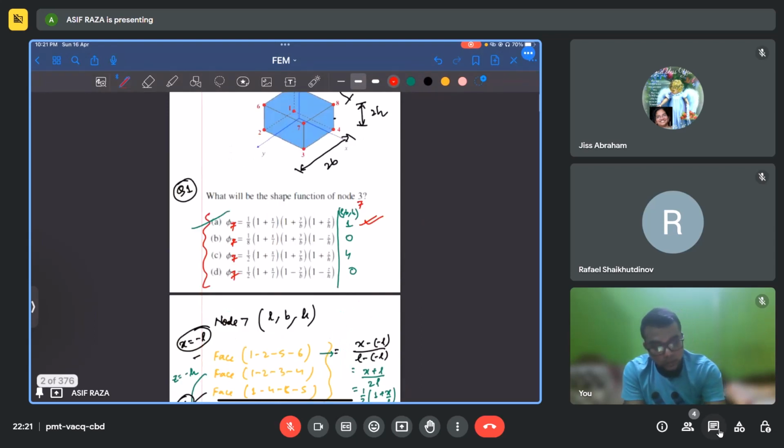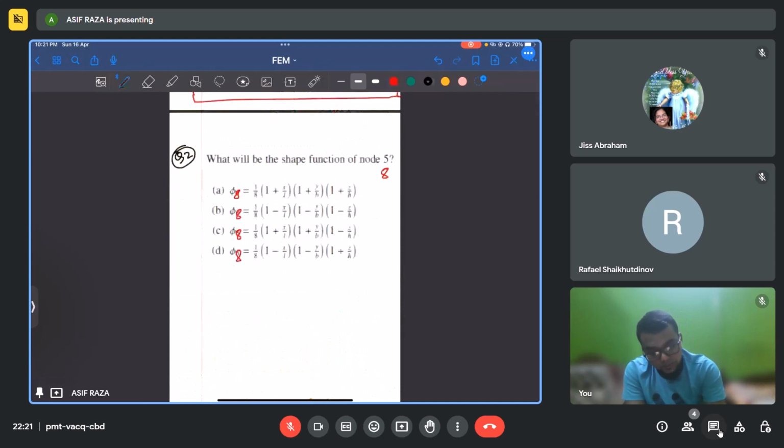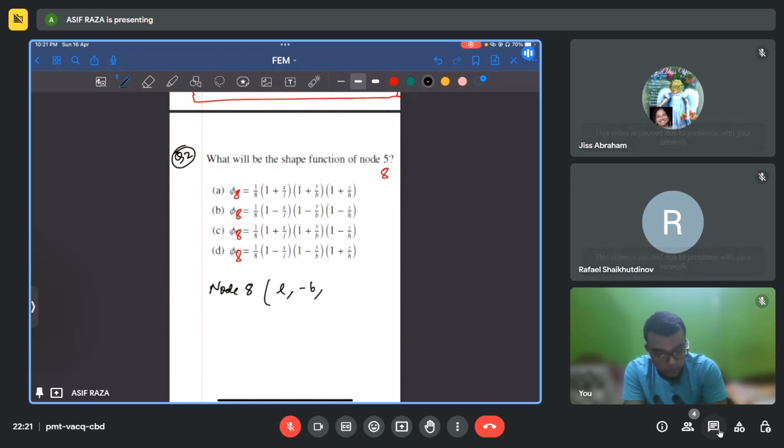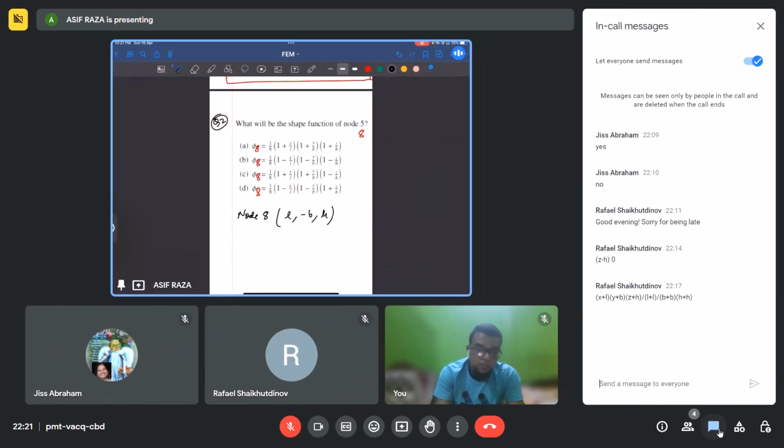That is, node 8 is having the coordinates L, minus B, H. So tell me, what will be the answer?